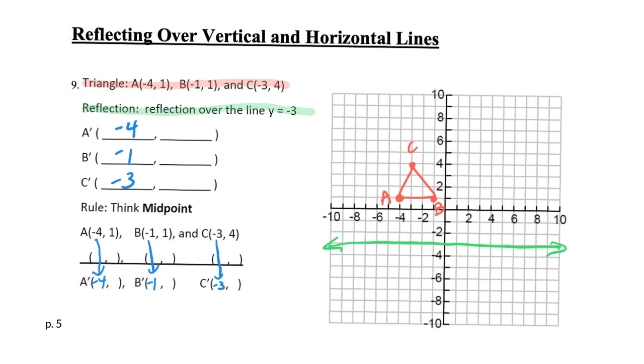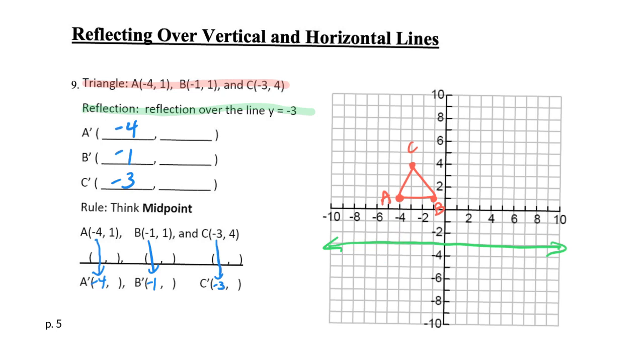Now we need to figure out what our y coordinates are going to be, because that's what's really going to be changing. Now, I actually want to just think about what is the distance between my pre-image point and my central line, and then I'm going to just continue that distance on because the central line is serving as my midpoint. So if I'm looking at my pre-image point A, if I'm trying to see how far away it is from the central line, I see that it's 1, 2, 3, 4 away from my central line.